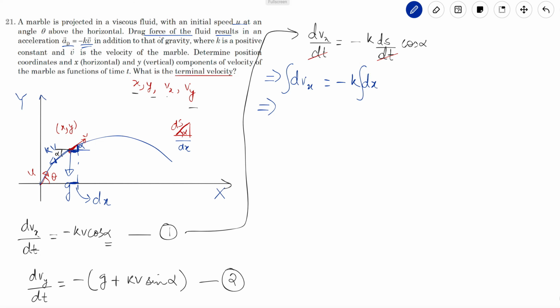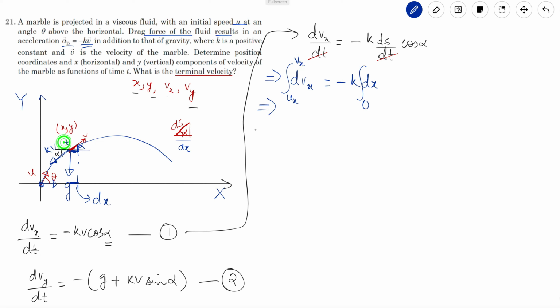Initially x is equal to 0. The marble is here at the origin. At x equal to 0, what is vx? vx is u cosine theta, which I'm writing as ux here. So we integrate from ux to vx, which is the x component of velocity at any time t, at this position.